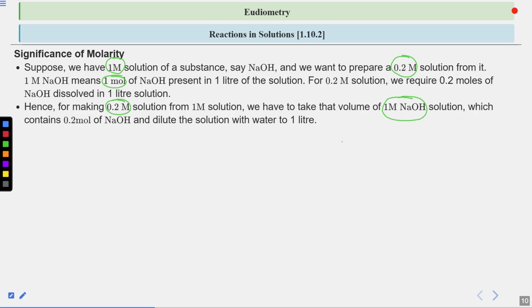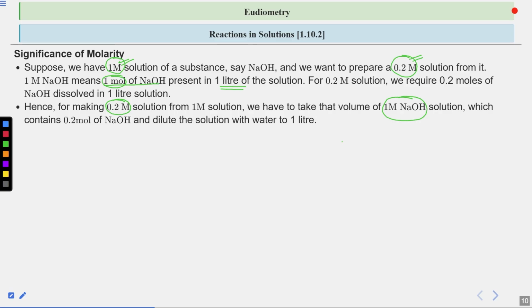Yes, Nisarg, what is your doubt? You are aware of the objective, right? We have a 1 molar solution and we have to convert it into a 0.2 molar solution. By 1 molar we mean 1 mole of NaOH is present in 1 liter of solution. So if we take 1 liter of 1 molar solution, we will have 1 mole.